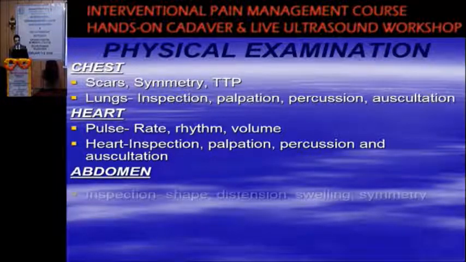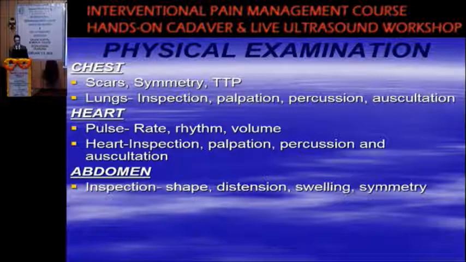The abdomen, same thing again: inspection, palpation, percussion, and auscultation. Why do you percuss the abdomen? What do you get from percussion? Why do you percuss? If you get a tympanic note, what does that mean?